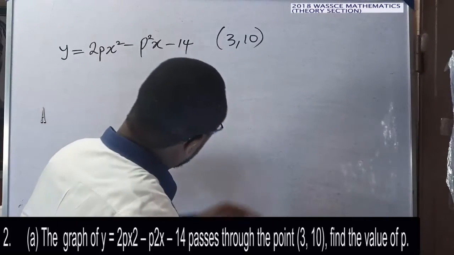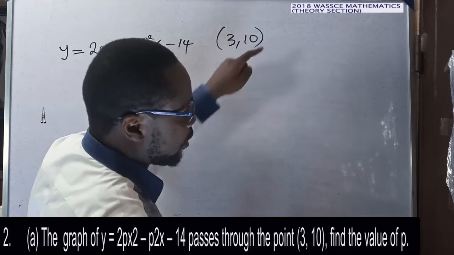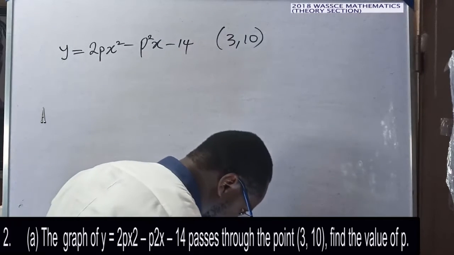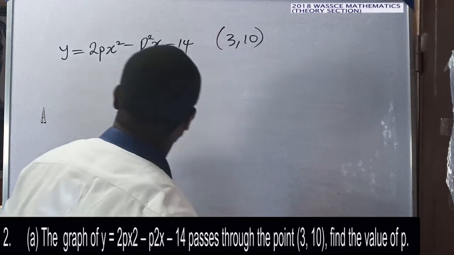If you remember what we said last time, 3 is for x, 10 is for y. Passes through point (3, 10). Find the value of p.